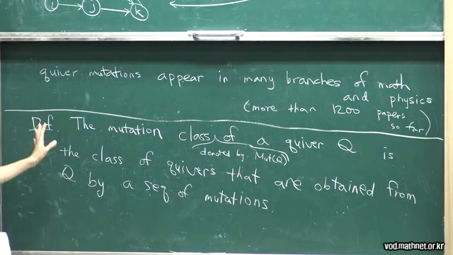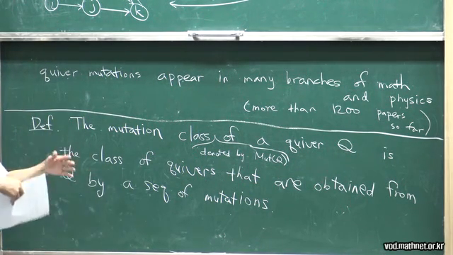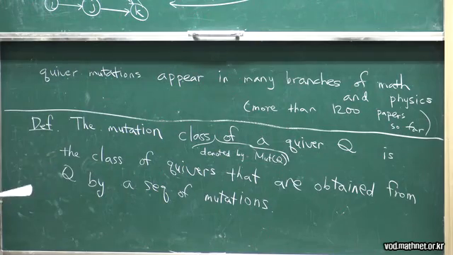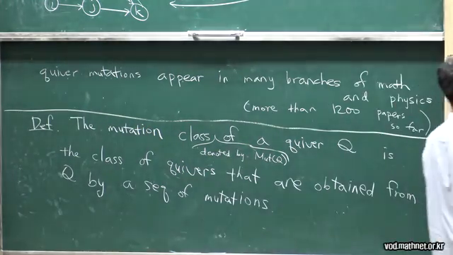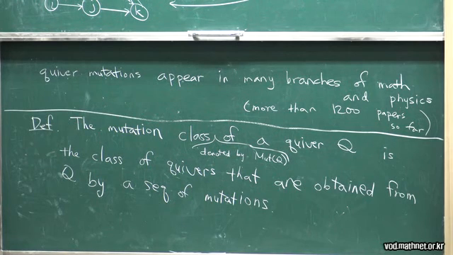So we need to consider all possible quivers, and then we need to identify which ones are simpler than the others. But sometimes it's not really easy to identify which quivers are simpler.